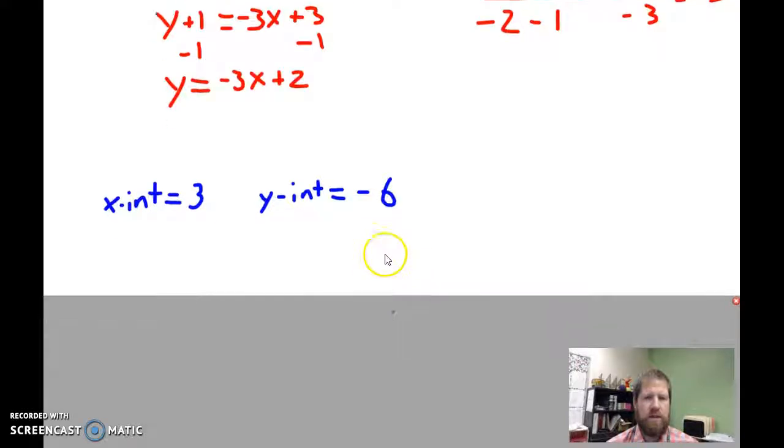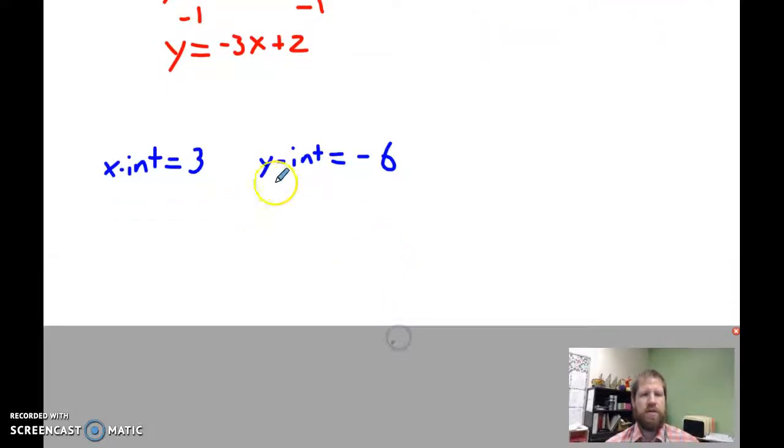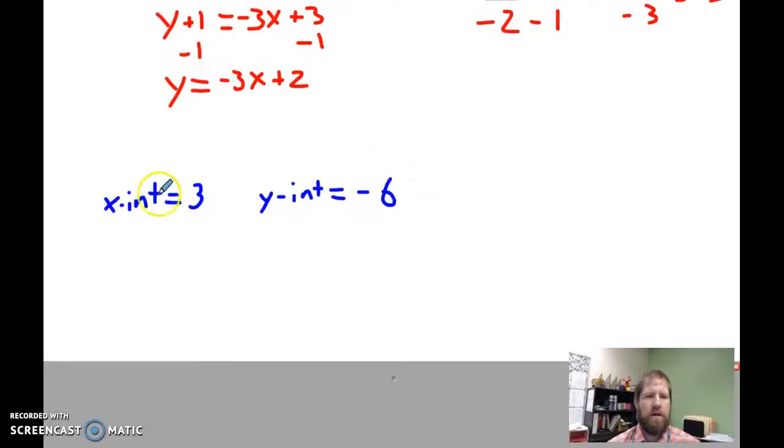Last one is pretty much the same as the one before it. I'm given the 2 intercepts, but these are actually just 2 points. And for this one, I would actually not go into point slope form. I'm given the y-intercept, so don't bother with point slope form.